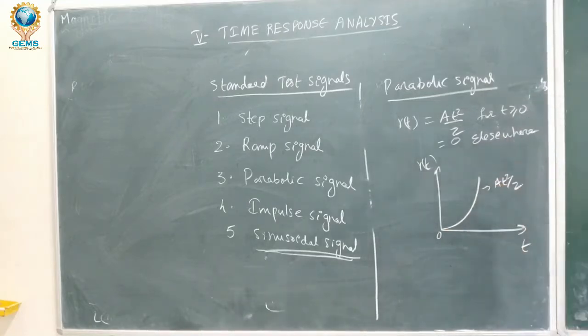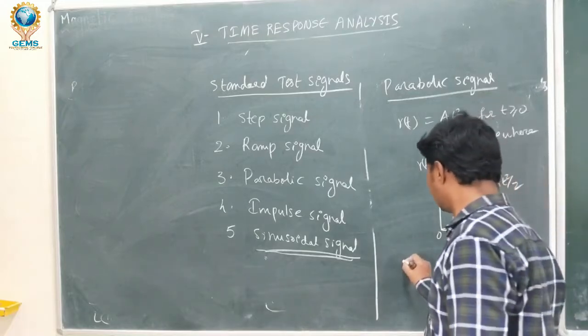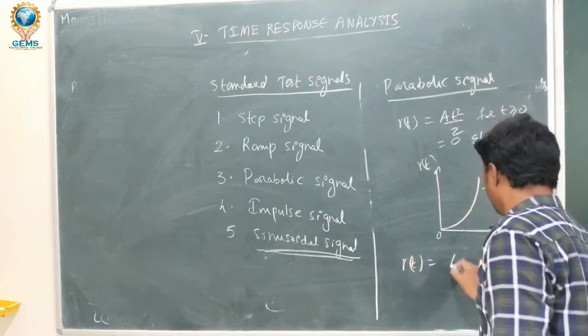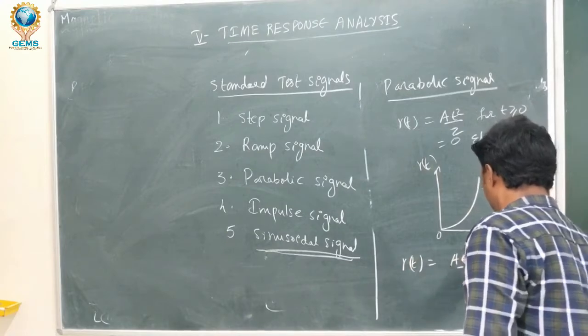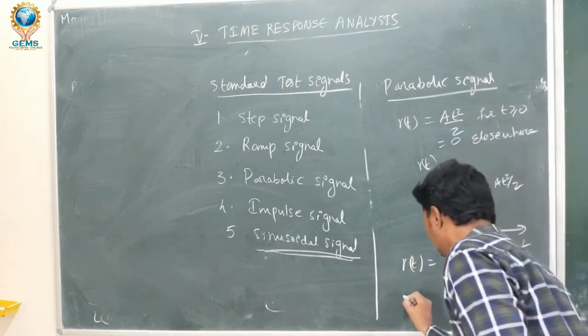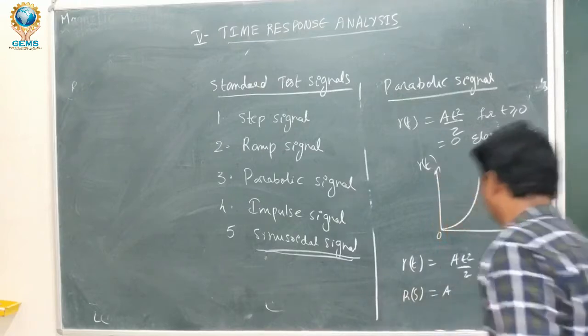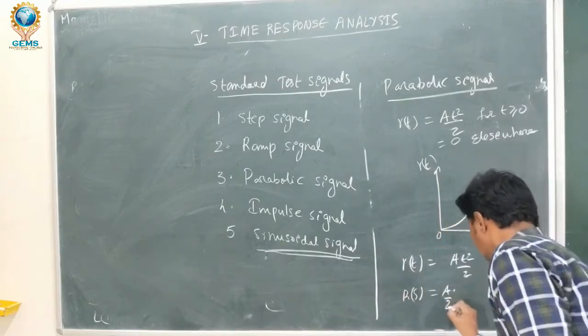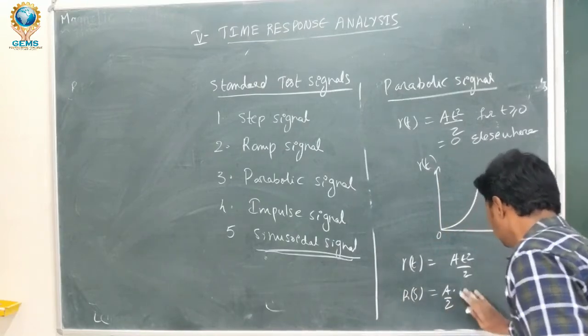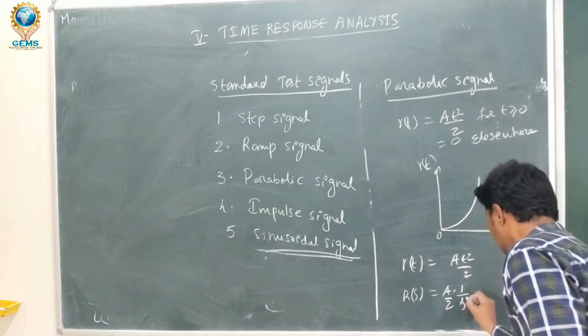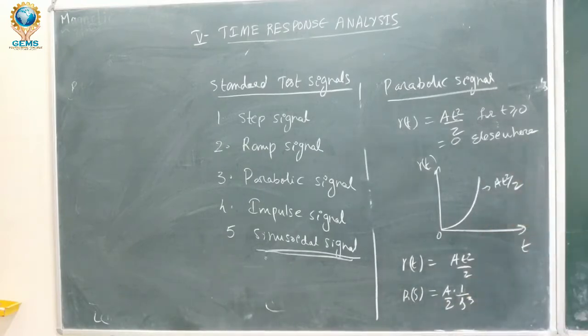If you apply the Laplace transform, what will you get? When you apply the Laplace transform to r of t is equal to A t square by 2, you will get R of s is equal to A by 2 times 1 by s cube.